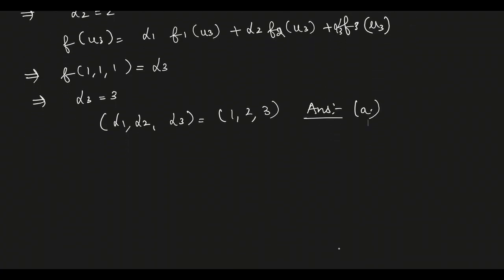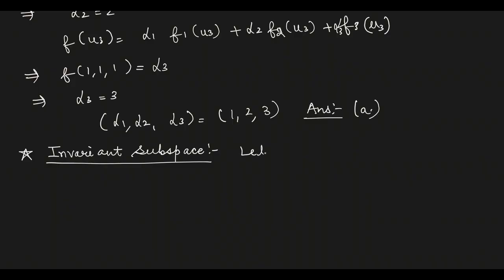Now next is invariant subspace. So let T, a mapping from V to V, be a linear operator.